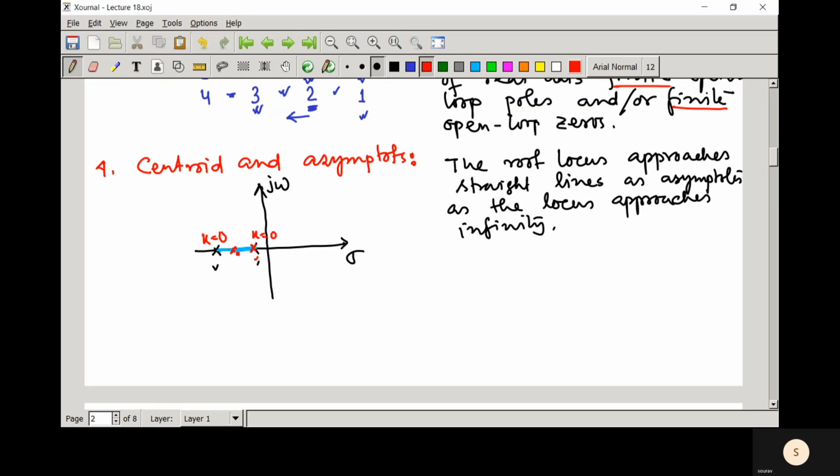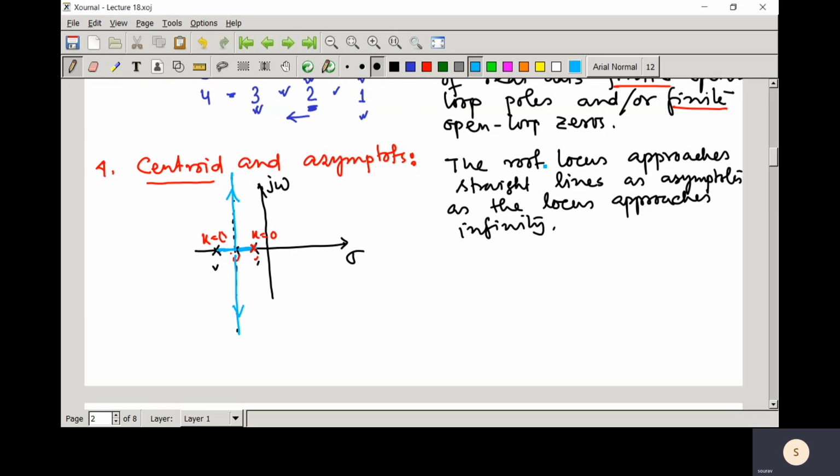So we need to find a point on the real axis which is called the centroid, and from that centroid, suppose you get, say, this is the centroid. So there is a point on the real axis, and here you have these two asymptotes, and those poles will be moving along those lines whenever k is tending to infinity.